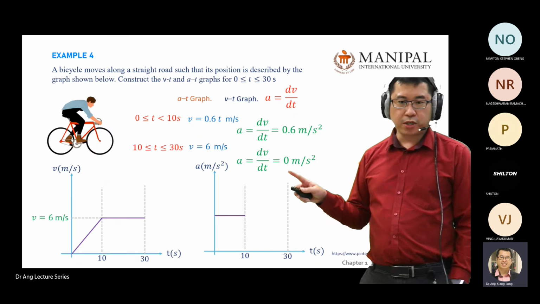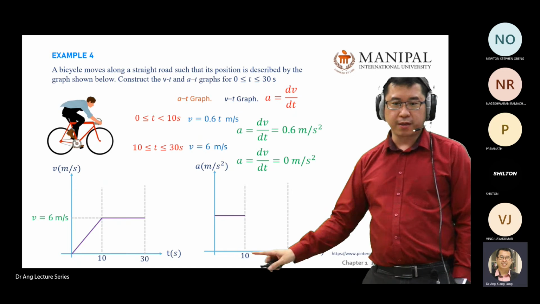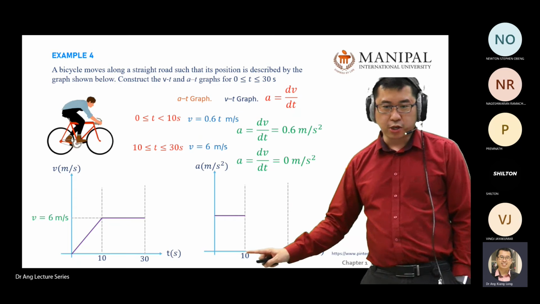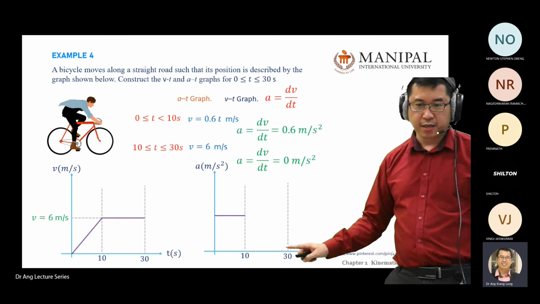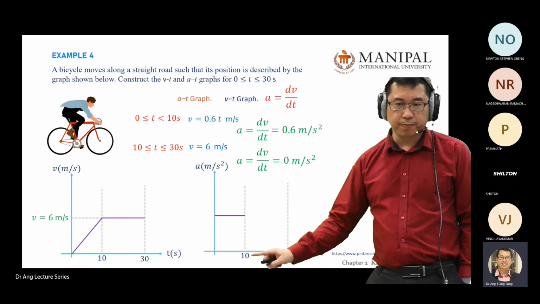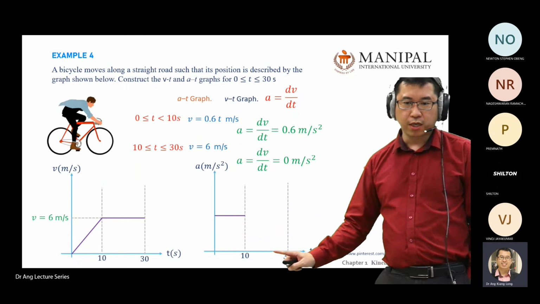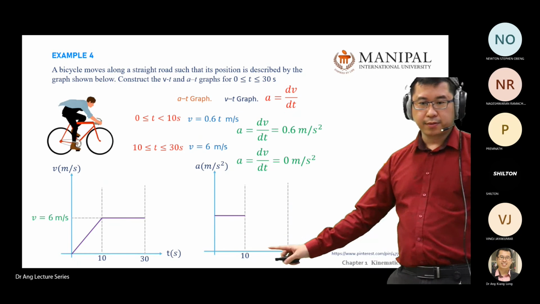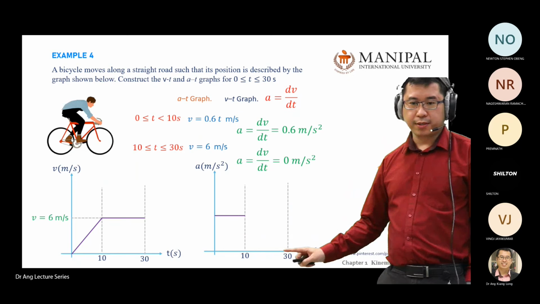What happens if it's 0? 0 means you don't need to draw anything. It is basically a line here. If you really want to draw, you draw a solid line here. It means 0 to 10 you get 0.6, and then it suddenly drops to 0; for 10 to 30, you draw another line. If you really want to draw.